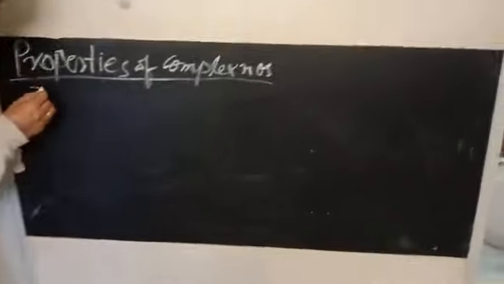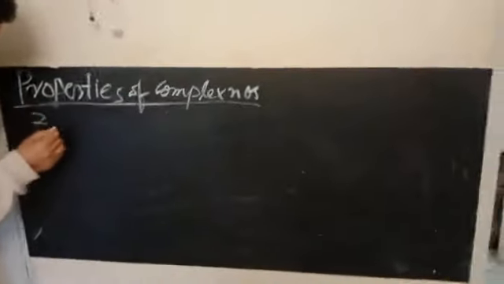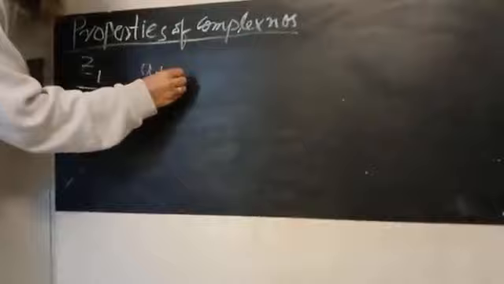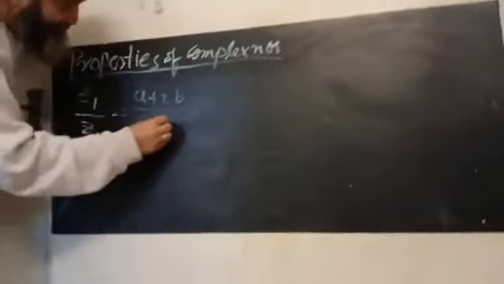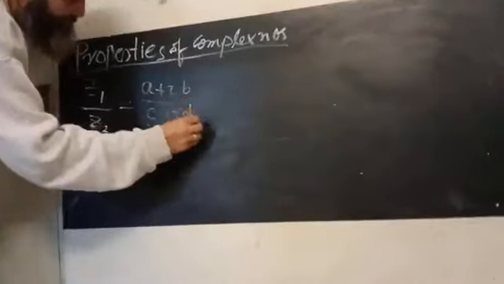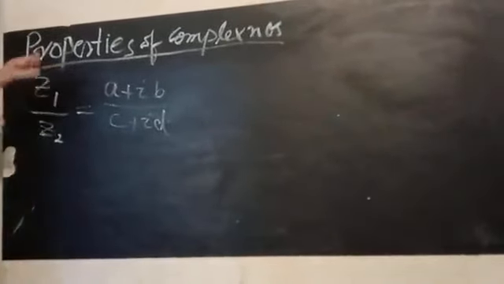If we take the same example, Z1 is equal to A plus iota B and Z2 is equal to C plus iota D, then their division or quotient Z1 over Z2 will be equal to A plus iota B divided by C plus iota D. You have to remember this, it is very important.